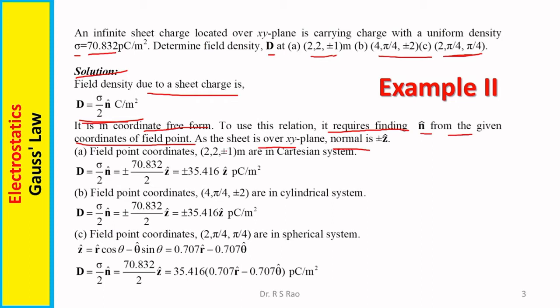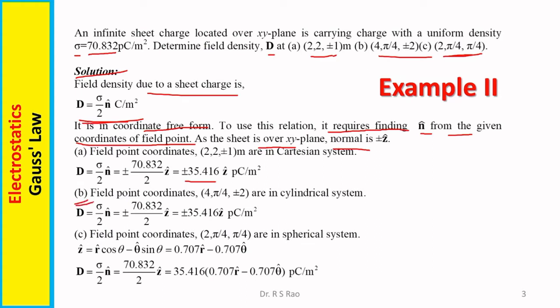So when we consider plus 1, the field point is above the xy plane, so the unit vector is plus z. If you consider minus 1, the field point is below the xy plane, so z is negative. So plus or minus z. D equal to sigma by 2 n cap, n cap is plus or minus z. Substitution and simplification results in D equal to plus or minus 35.416 z cap picocoulombs per meter square.